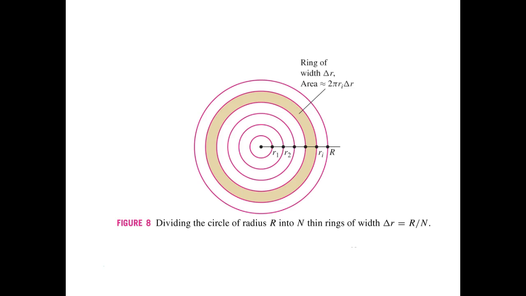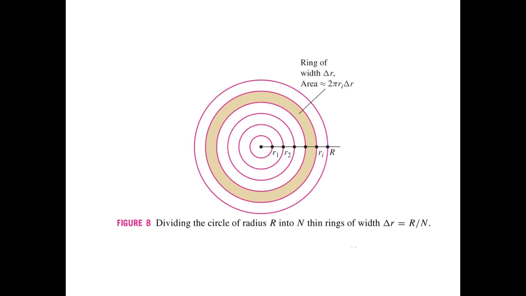Let's imagine we could take this and stretch it out. What would be the length of that rectangle? It's not quite a rectangle, but close to it. If you stretch that out, what would be its length? 2 pi r, the circumference of that circle. We're using Ri for the ith ring here. It could have been anywhere, the ith ring. 2 pi times Ri.